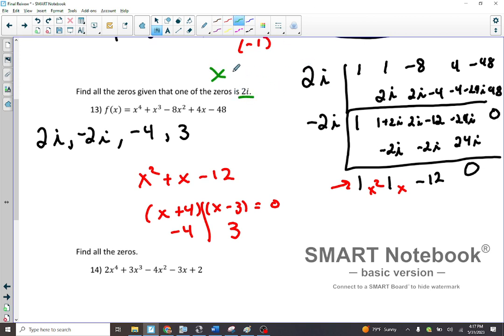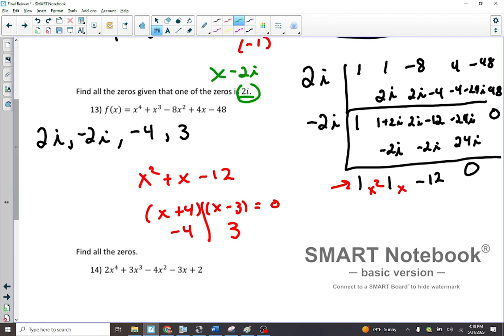If you wrote it like this, it would be x minus 2i, but it goes here as 2i. So the other root is negative 2i. You don't flip it when you put it in the synthetic division. It's flipped before you answer the question, like x minus 2i. So if I said it was 3, you would not put negative 3. You would just put 3.